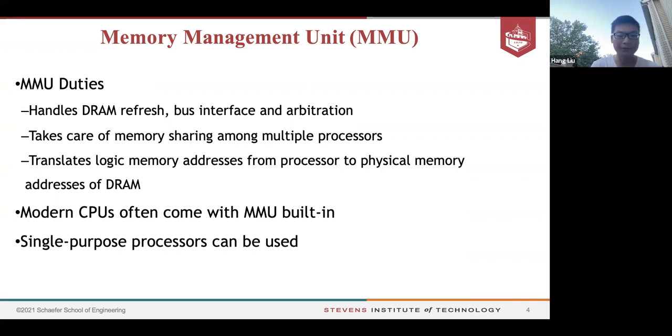Single purpose processors can be used for the MMU as well, a processor whose sole purpose is to do logical memory translation and handle DRAM refreshing.